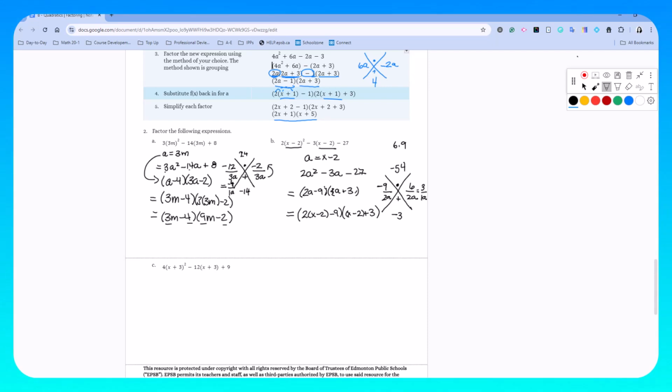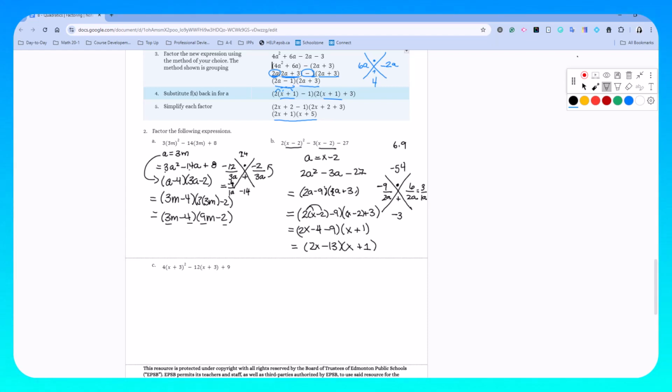You could put this in brackets if you wanted to. Distribute. And negative 2 plus 3 is positive 1. And this leaves us with 2x minus 13. And there we go.